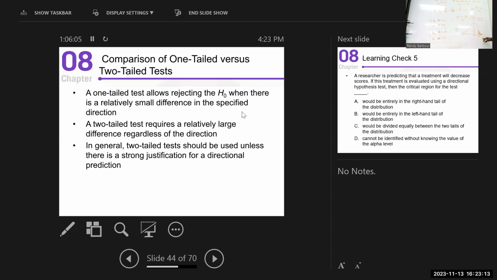This is one-tail. I'll explain this a little bit more. That's when it's directional. So right now, this is non-directional, meaning it has two tails. Okay. This means that it is directional. And so you're going to have one tail. So it's going to look like this.